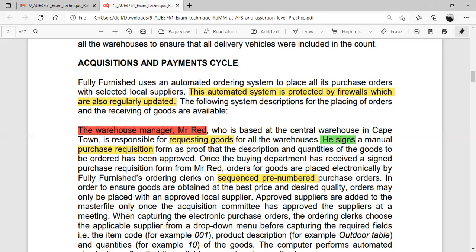Because if your systems are not protected, then anyone can hack into your system and information can just go missing. So that would affect completeness and accuracy of information, because if there's no firewall, anyone can hack into your systems and tamper with your information. Do you get what I'm saying? Yes, yes. Right. So what's the next control that's coming up?